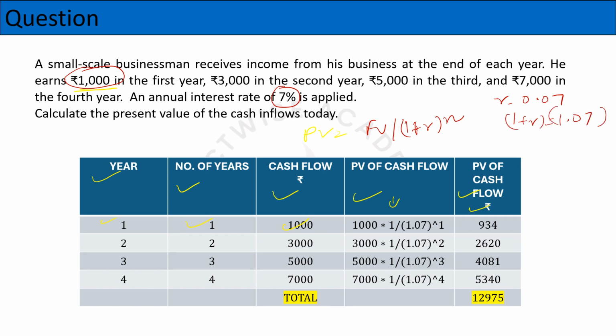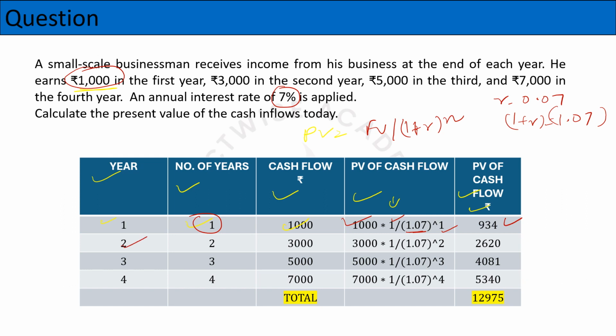Applying the formula, 1000 into 1 divided by 1.07 to the whole power n, where n is 1. On simplification you get 934.